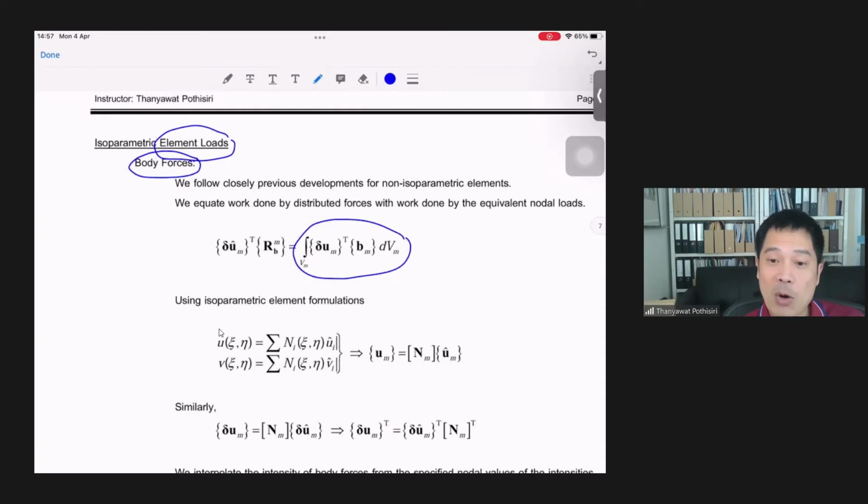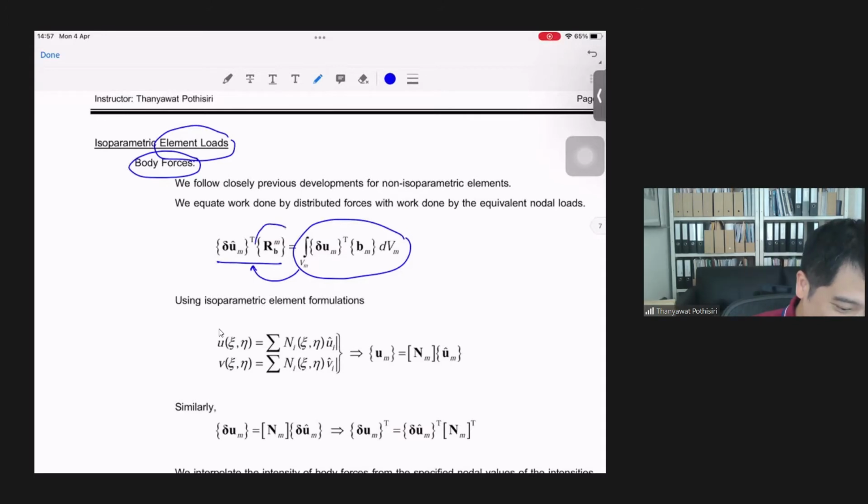Now what we need is to convert this term into this term right here, because we need this equivalent body force that is associated with the nodal displacement, or the nodal degrees of freedom, right?